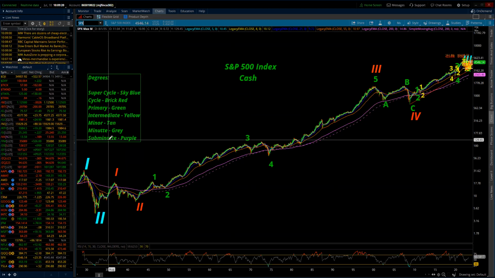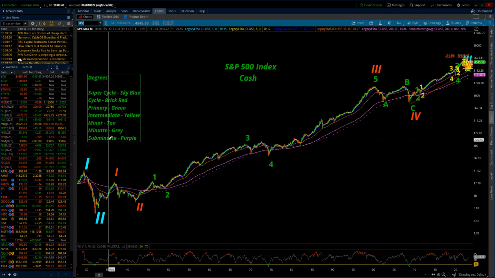Now, remember what I just said, that Elliott Waves are building blocks. So those first 5 waves up, 3 waves down are actually going to be waves 1 and 2 of a larger degree.